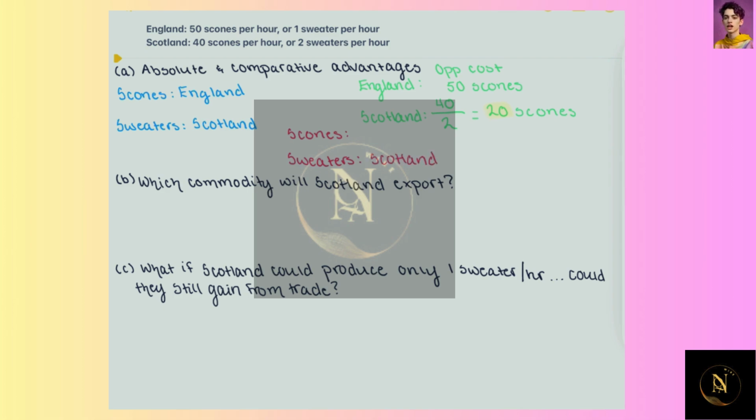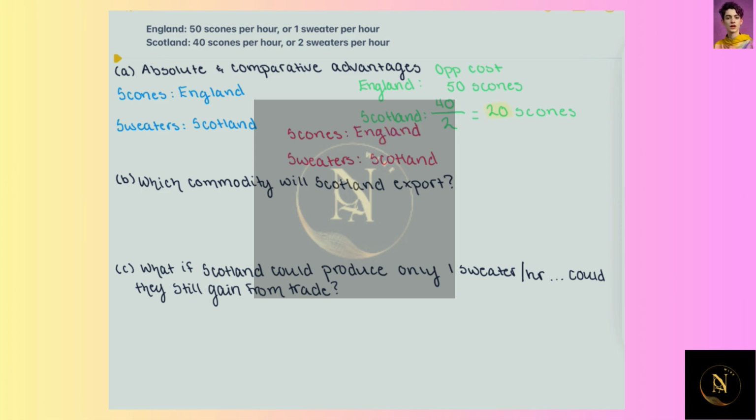And now for scones, we could recalculate opportunity costs, or we can just understand that the same country is not going to have a comparative advantage in both goods, meaning that inherently England must have the comparative advantage in producing scones. So we can save ourselves some time on calculations.